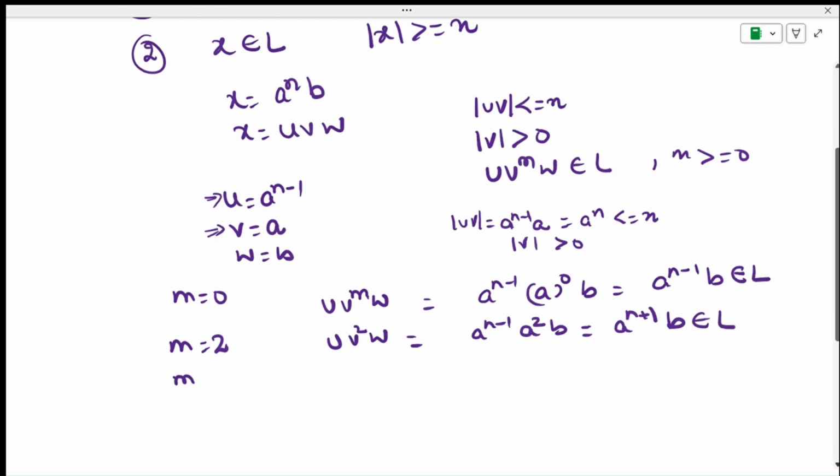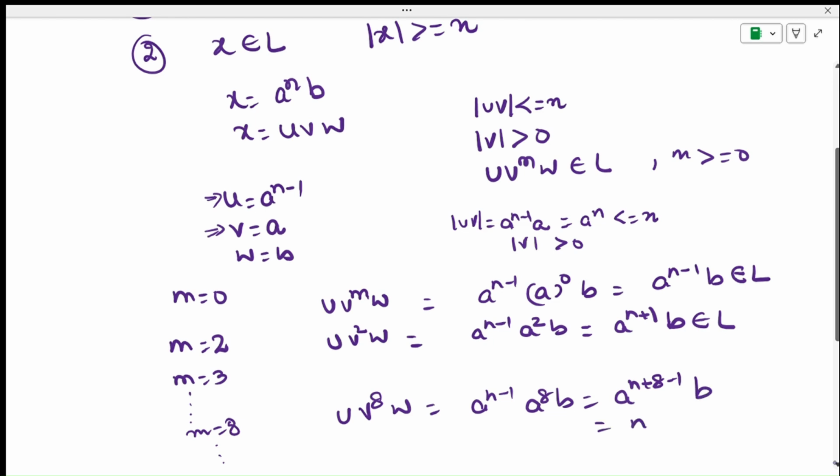For every value of m, we can clearly see that the resulting string is in the language L. So for every value of m, I am getting a string which is in the language L.